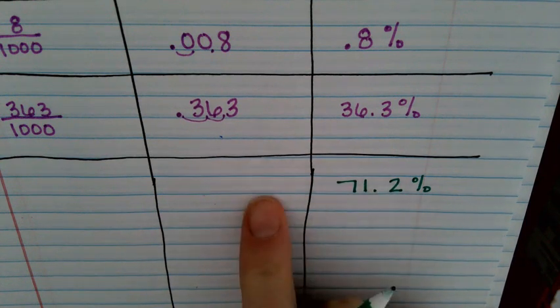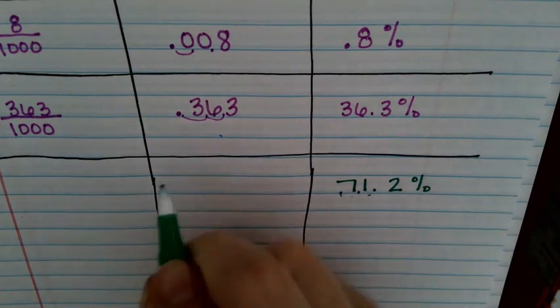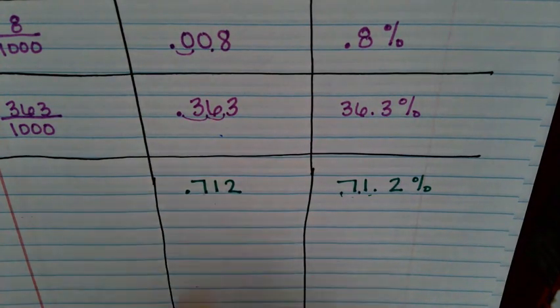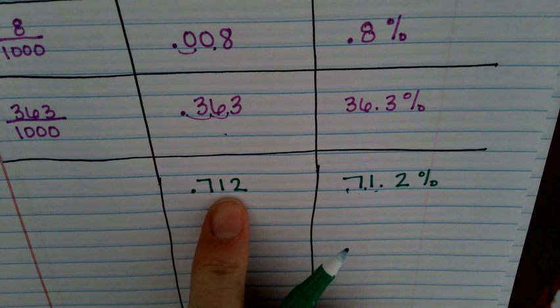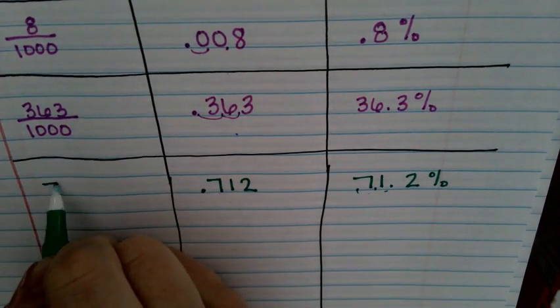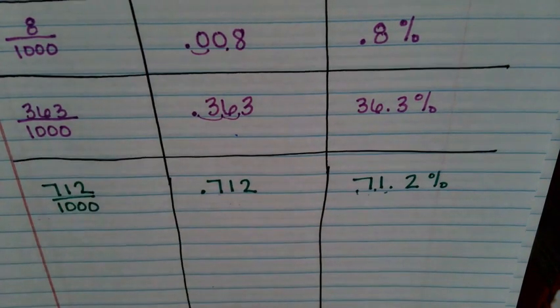To go from percent to decimal, we divide by 100. So I come over here 2 places, and I get 712 thousandths, because the 2 is in the thousandths place. It's a fraction, it's a decimal, 712 thousandths. And you could simplify that fraction if you wanted to.